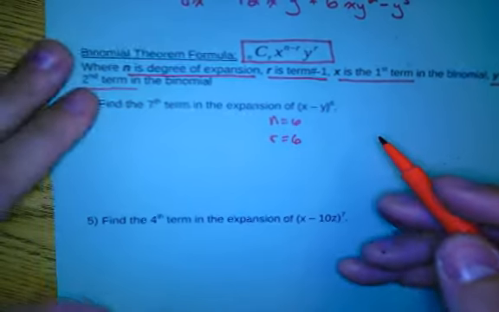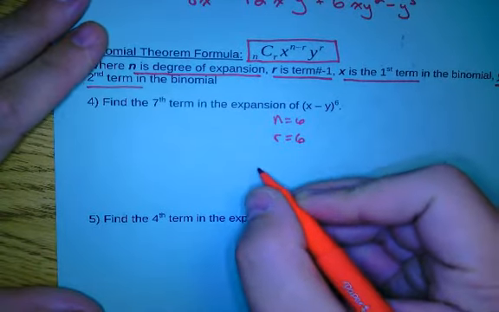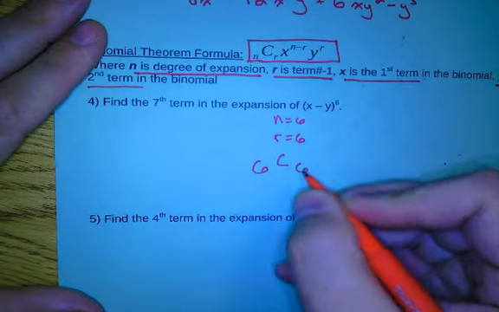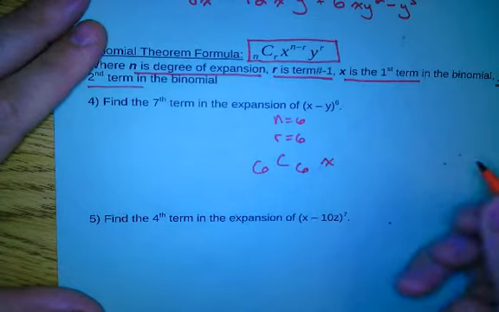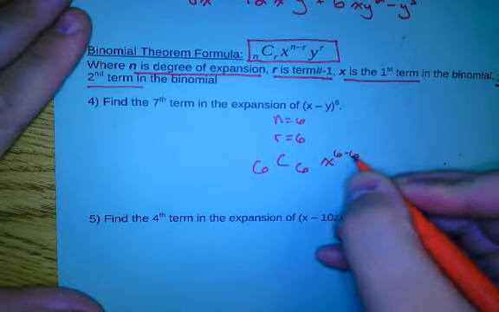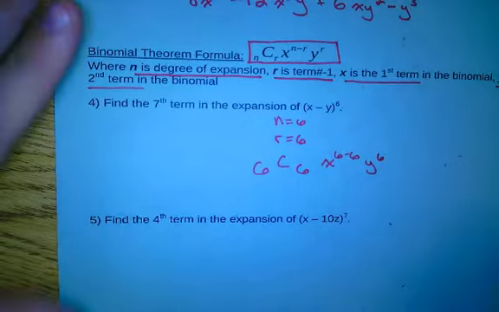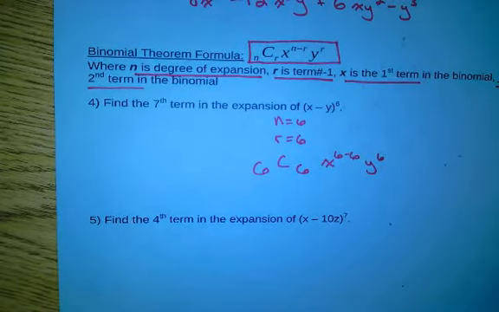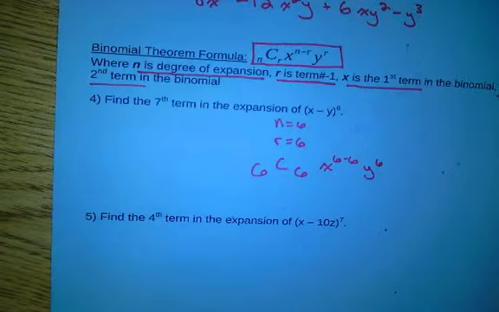So let's go through this. This is going to be 6C6, x to the 6 minus 6, y to the 6. Lots of 6's. Hey, I'm not the one that came up with this problem with a bunch of 6's in it.